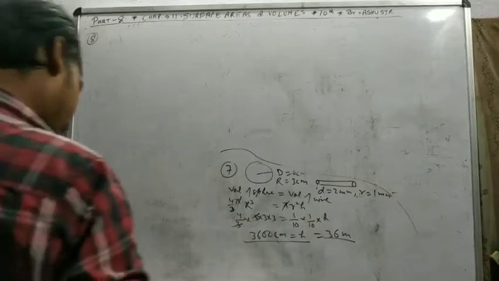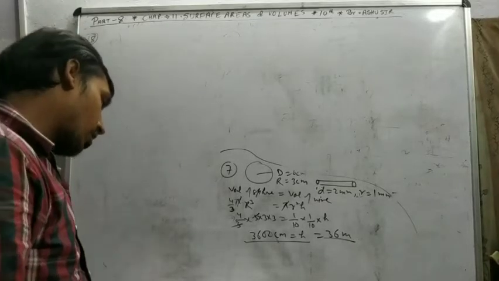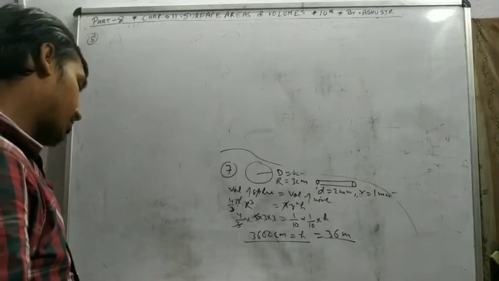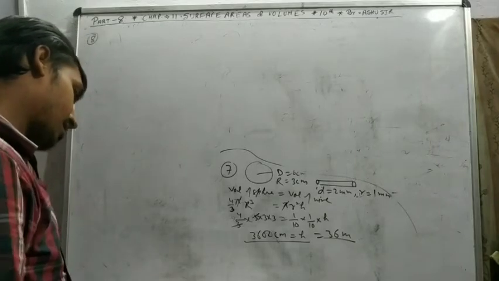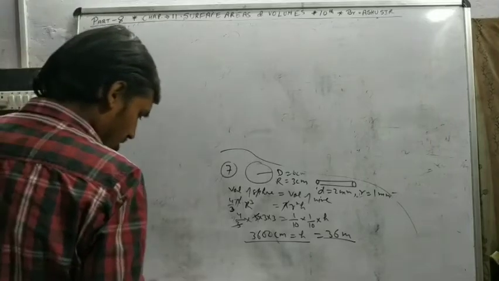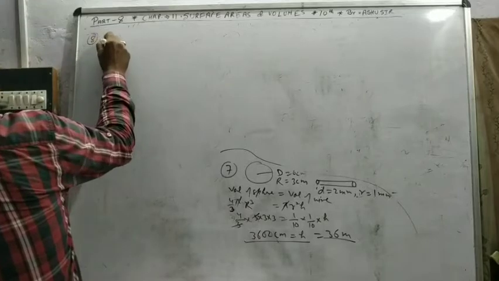Let's see question number 8. The radii of the circular ends of a frustum of height 6 cm are 15 cm and 7 cm respectively, then the volume of the frustum. Very simple question. I think you have no problem to solve it.